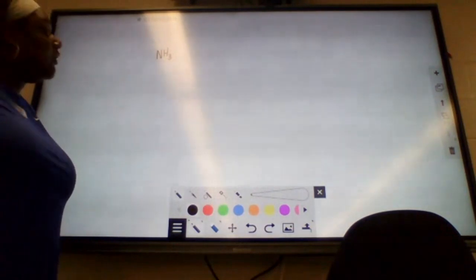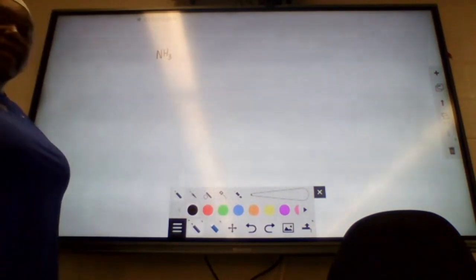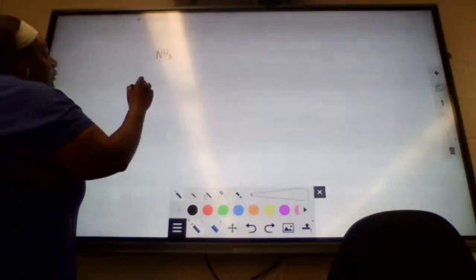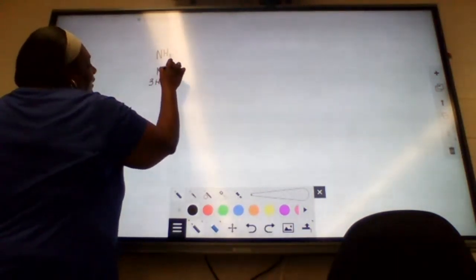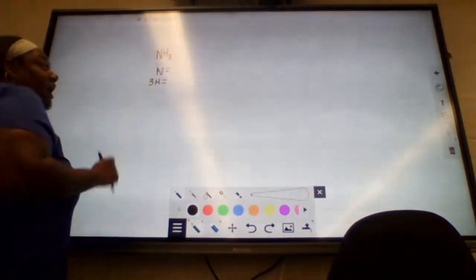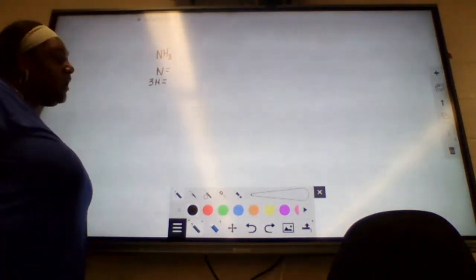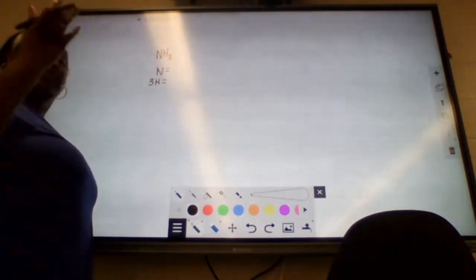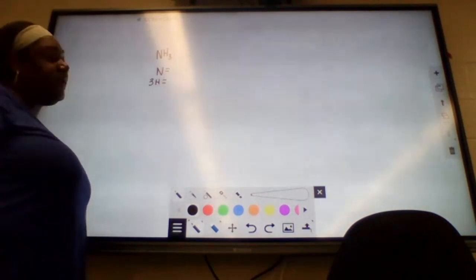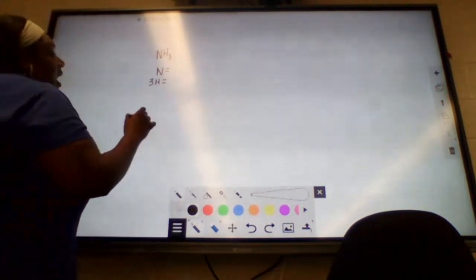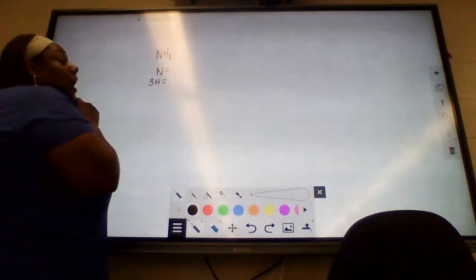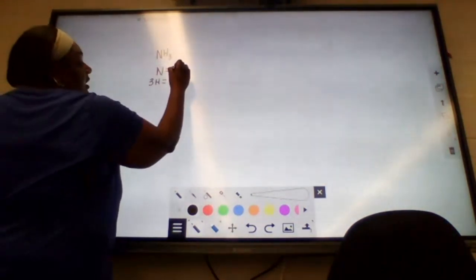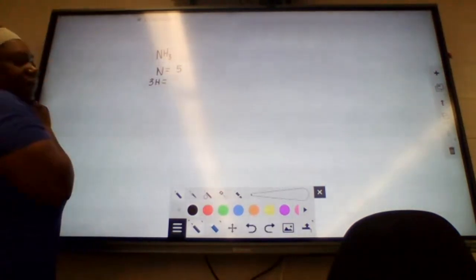All right, when we get ready to draw the Lewis structure for NH3, the very first thing that we want to do is determine how many valence electrons nitrogen has from the periodic table. A normal nitrogen atom on the periodic table, how many valence electrons does it have? And so when I find nitrogen, I notice it's in column 15 or column 5A, which means that it has 5 valence electrons.